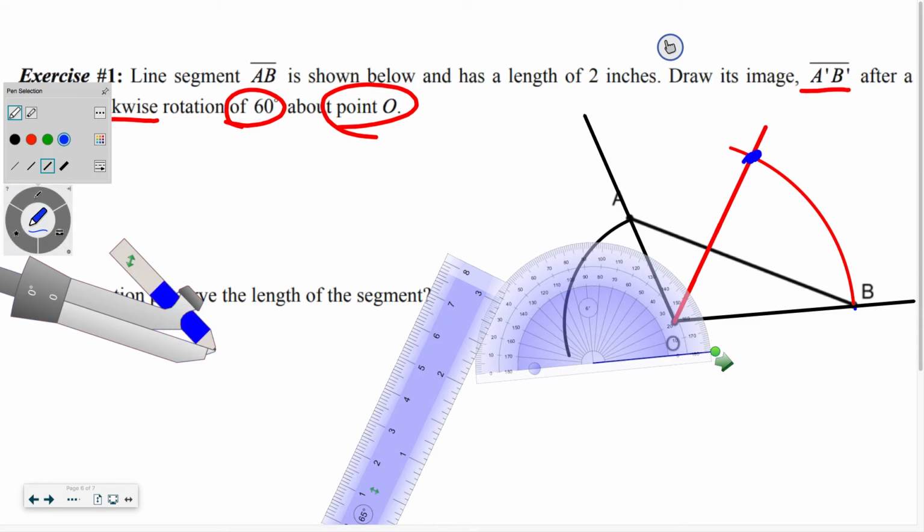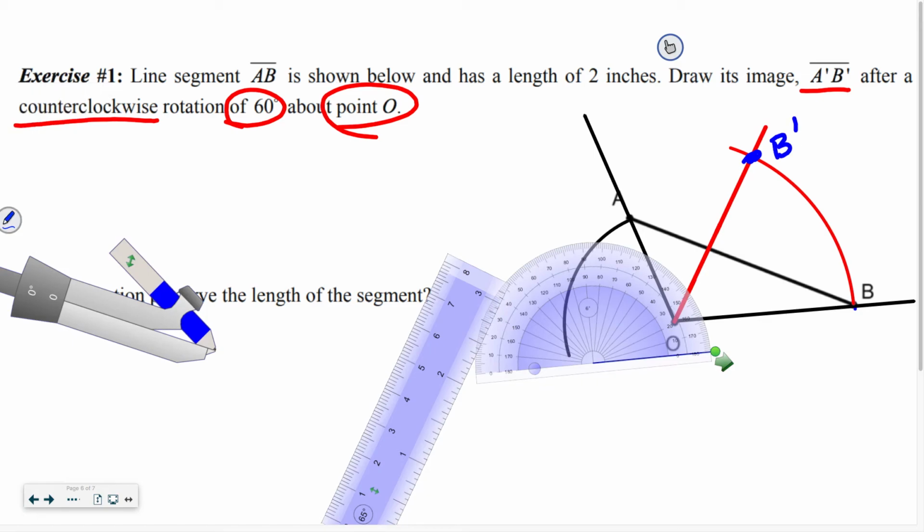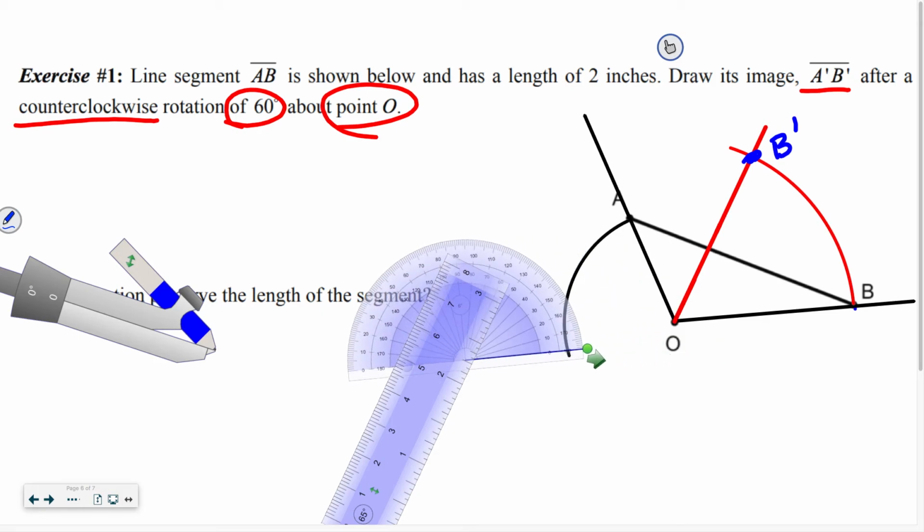This point here is called B prime. And what do you think this angle here measures? Yeah, it has to measure 60 degrees. We're good? Let's move on.